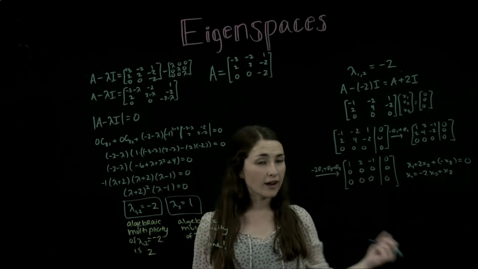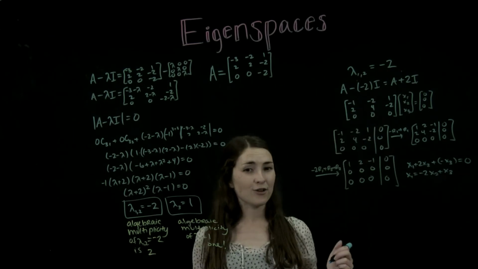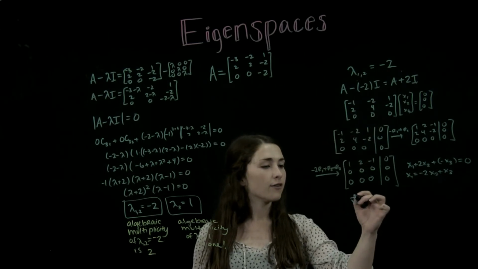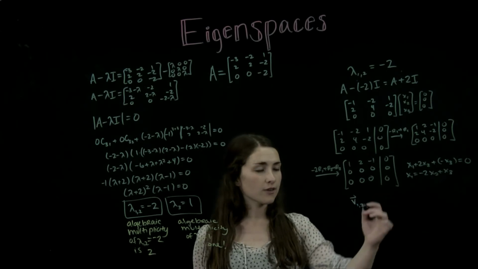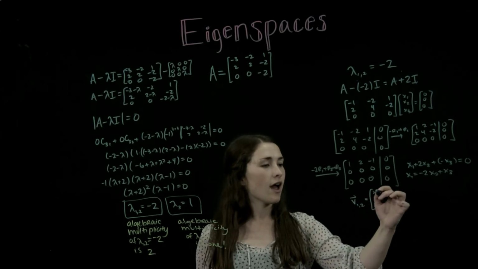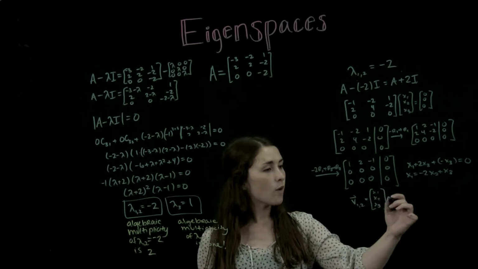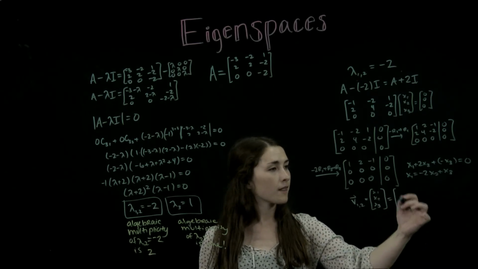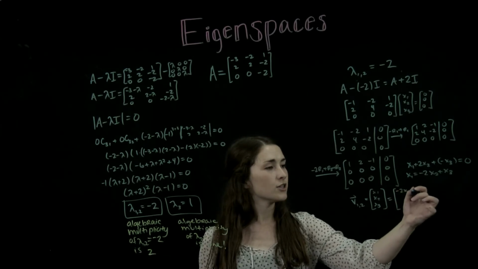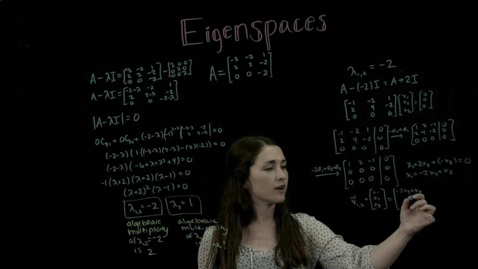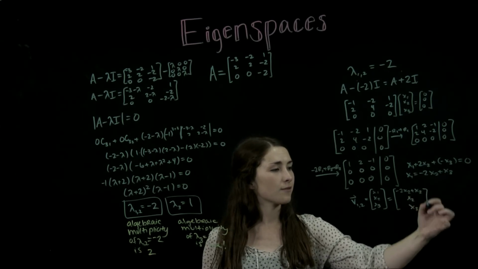So then if we want to write our eigenvector corresponding to our eigenvalue of negative 2, we are going to have our v sub 1, 2 is equal to x1, x2, x3, where x1 is equal to negative 2x2 plus x3, and x2 is equal to x2, and x3 is equal to x3.